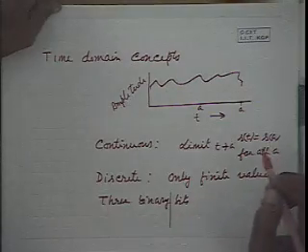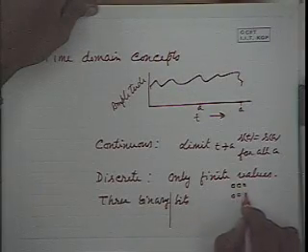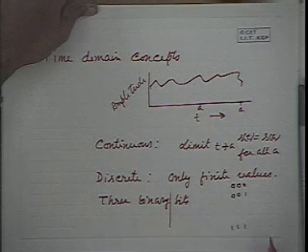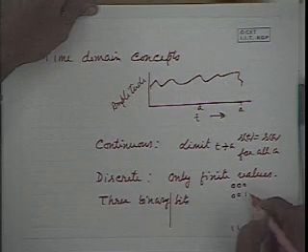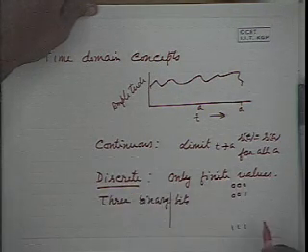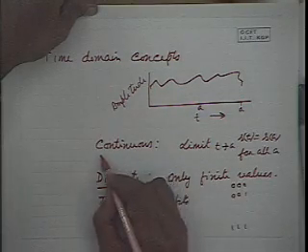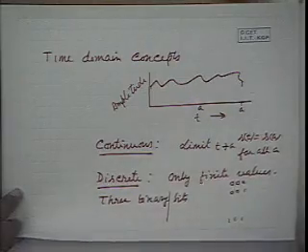Whenever we represent signal with the help of 3 binary bits, it can have only 8 combinations, 0, 0, 0, 0, 0, 1 to 1, 1, 1. That means it has only 8 discrete values. So in this case it is discrete, so it is not continuous. Depending on whether it is continuous or discrete, we shall see that processing will be different.